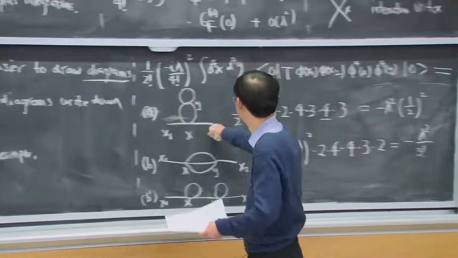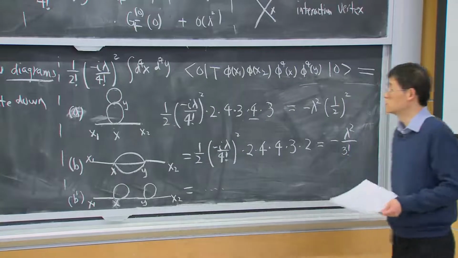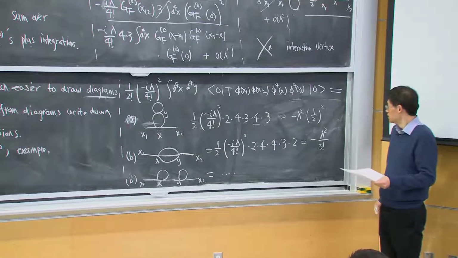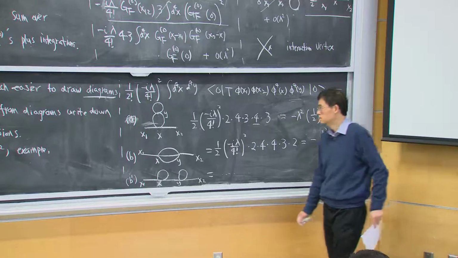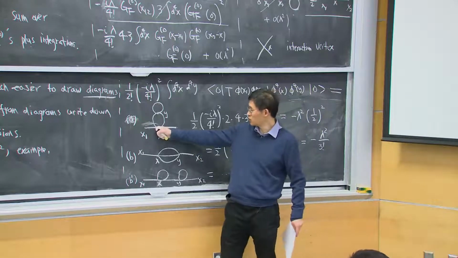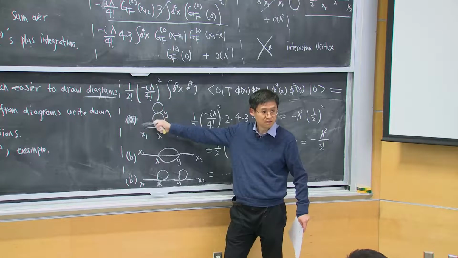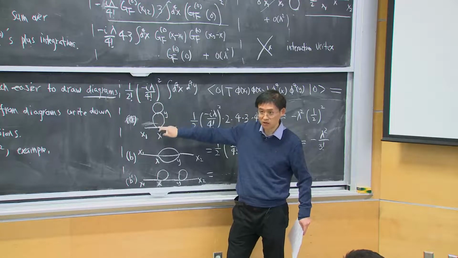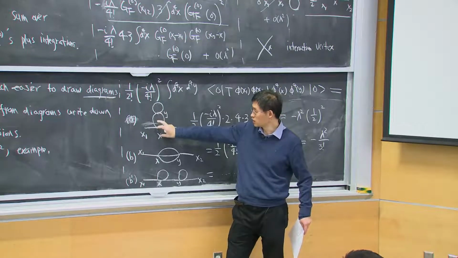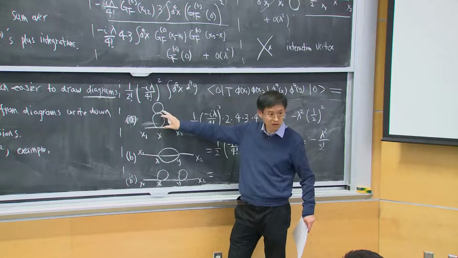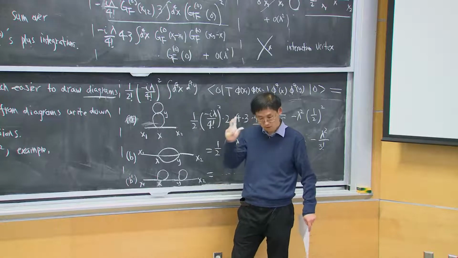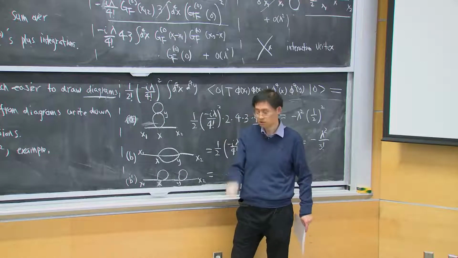Now let's go back to this diagram. In this diagram, there's no symmetry between x and y, because x and y are not symmetric, so we don't need to divide; there's no symmetry factor associated with permuting the vertices.